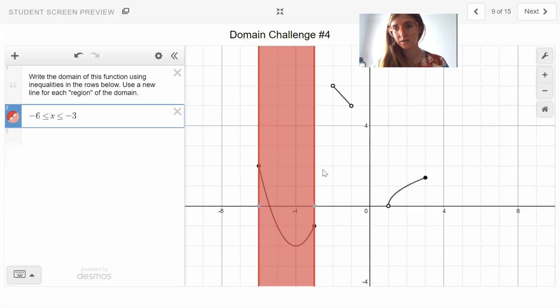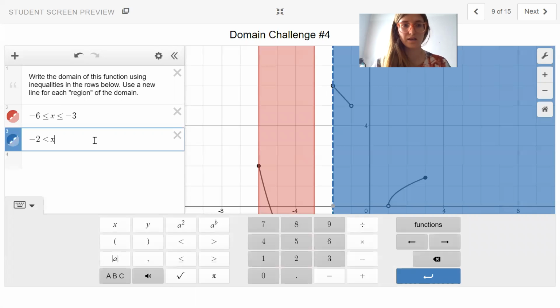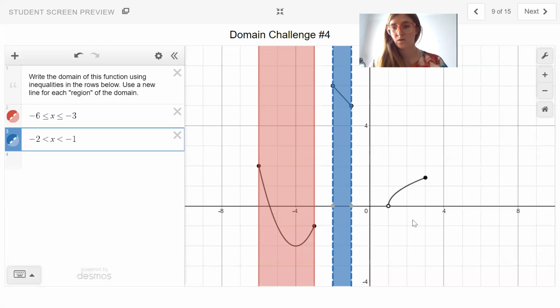Now this piece goes from negative 2 to negative 1, but we're not including negative 2 and negative 1. It's just every number in between. So negative 2 is less than x, less than negative 1. All right, and now this one goes from 1 to 3.